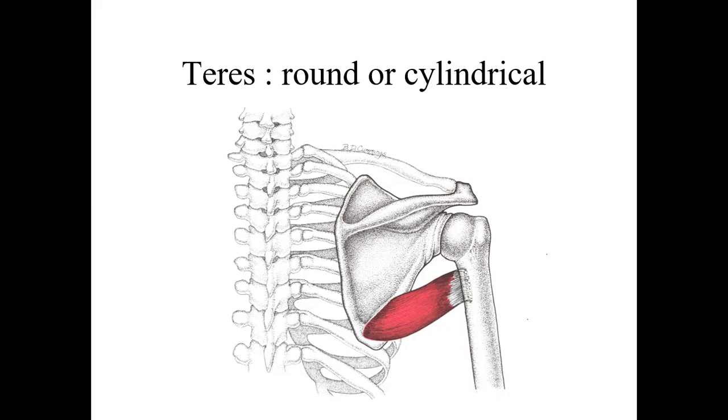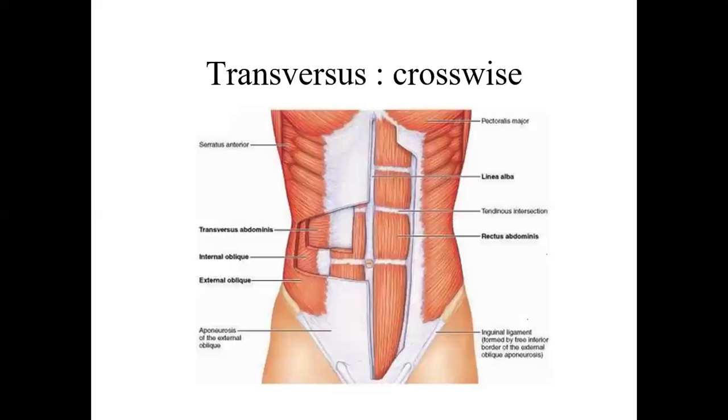Knuckle punch right into the armpit, and it'll cause the entire forelimb to go dead. Dead arm. So there's a little self-defense for you, because you're traumatizing this teres muscle. Yeah, punch them in the armpit.